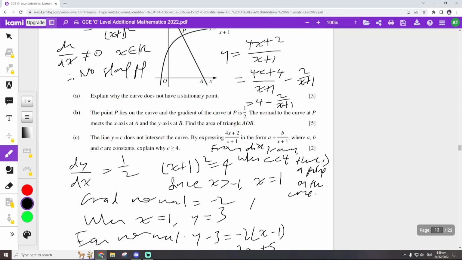Or when y is less than 4 rather. At y equals 4 and beyond, there's no point on the curve, right? The curve can never reach that point.